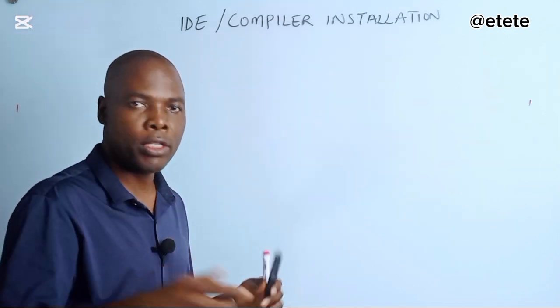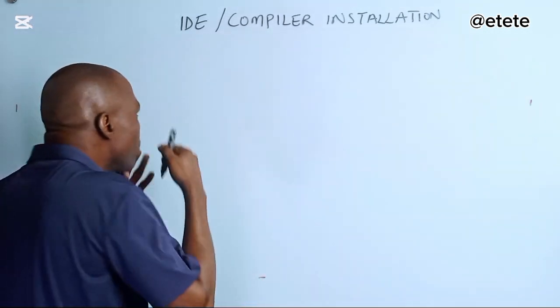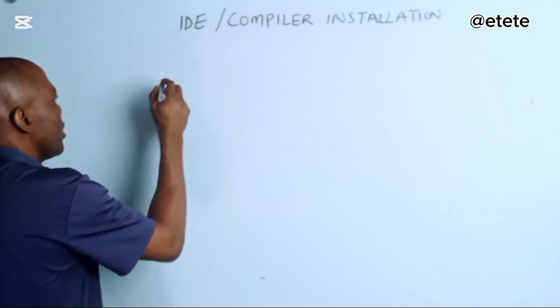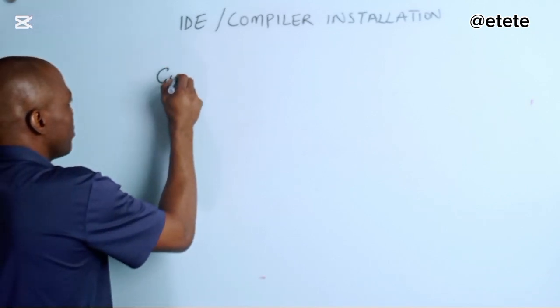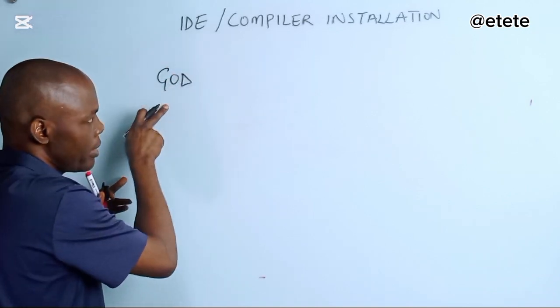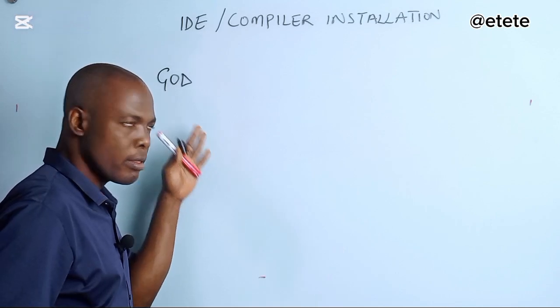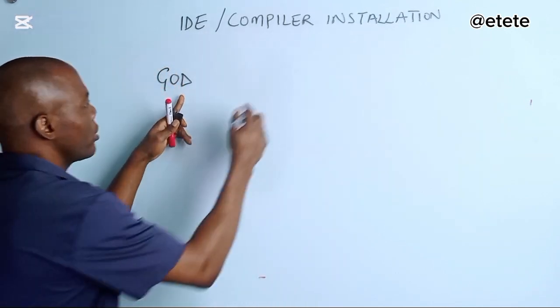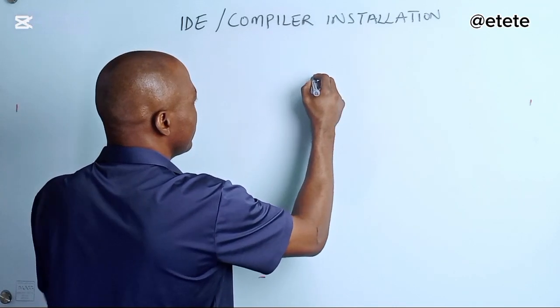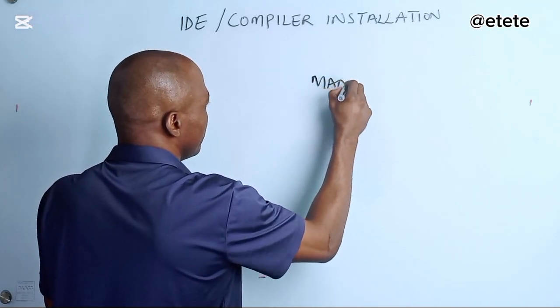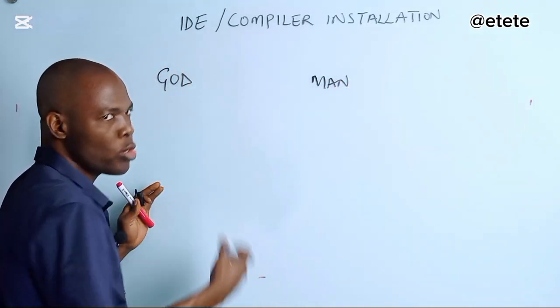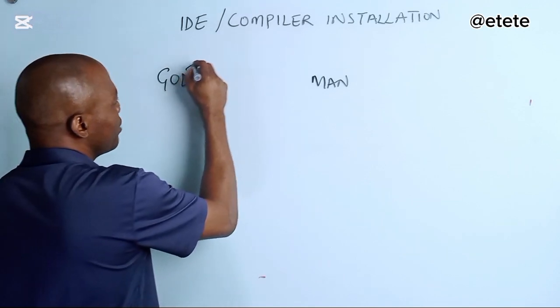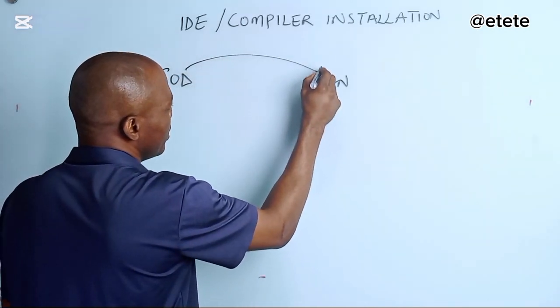Within the context of religion, if you look at it this way, you say, this is God, right? So this is God, and then this is man, right? So man trying to communicate with God. Now from this place to this place, right?